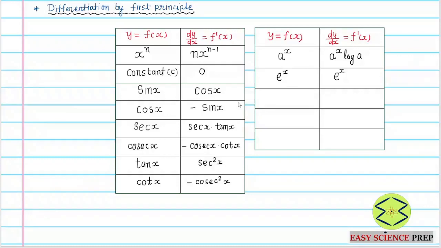In today's session we would like to take a few more functions and understand their derivatives. First of all, we shall be taking the logarithmic function. So what is going to be the derivative of logarithmic functions? We will see how to find the derivative of a logarithmic function by using first principle.